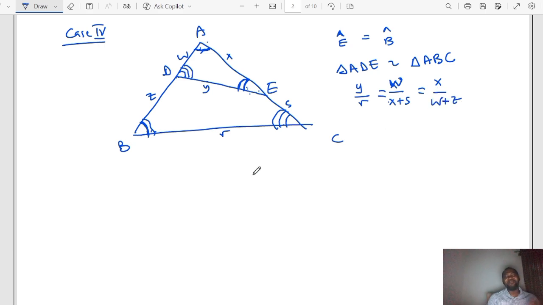Now I know that many of you are new to this, but you see, I just gave you a trick. So whenever you see something like this, it is a similar triangle.